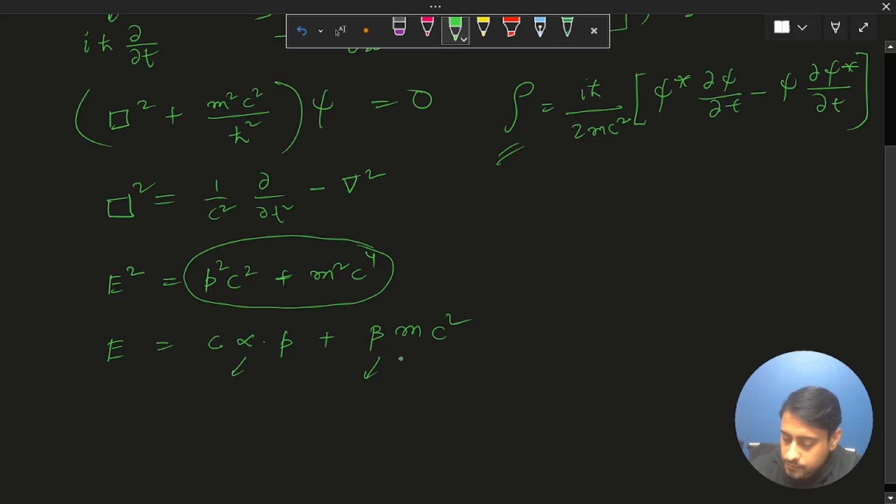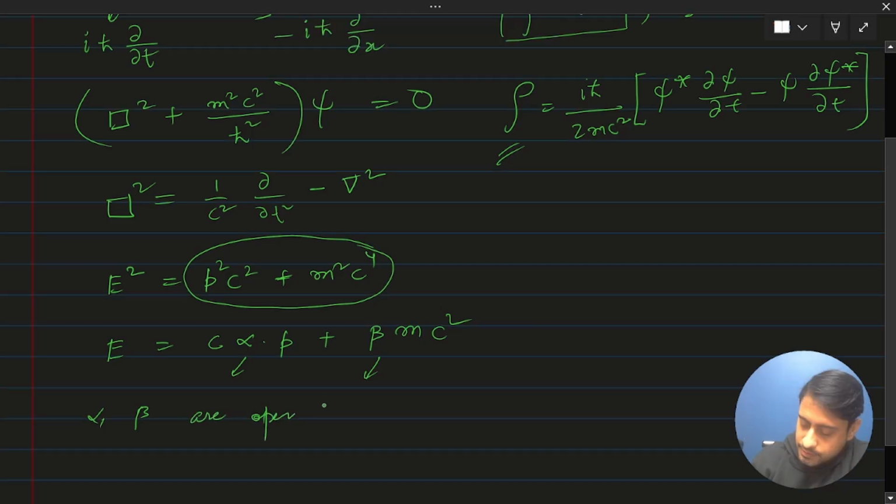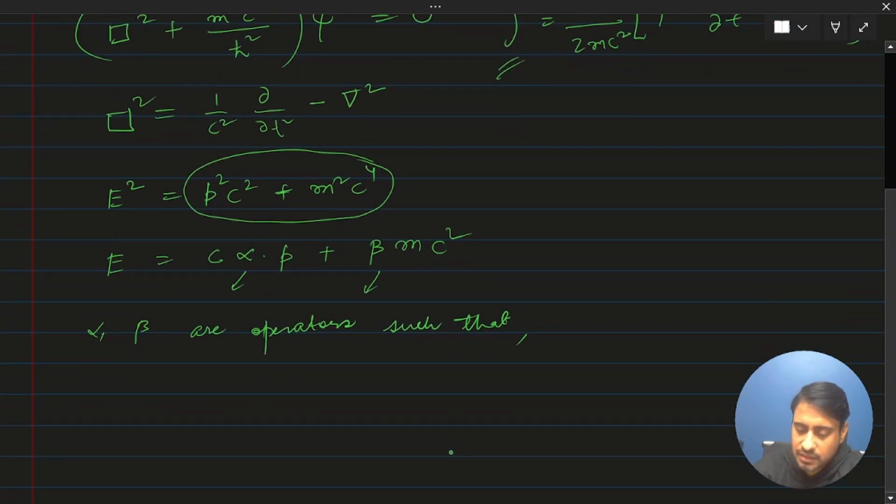We are going to explore these alpha and beta matrices soon. So what are these alpha and beta? Basically alpha and beta are operators such that we are assuming some conditions which will further simplify the format of the solutions.